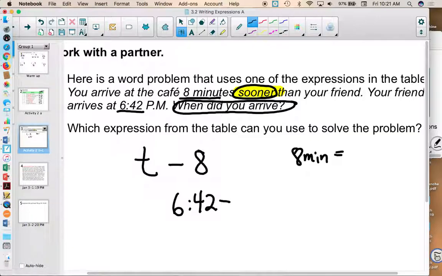He says write it like this, no hours, but I do have 8 minutes. Okay? I agree. So I need to be able to subtract out, right? Everybody agrees with that?